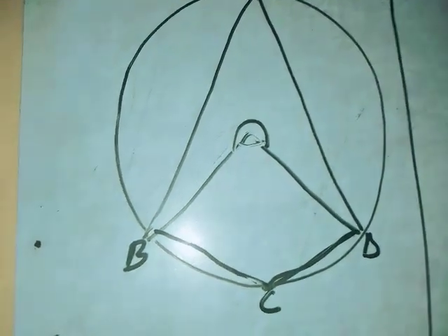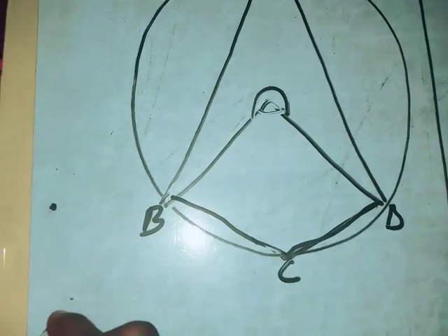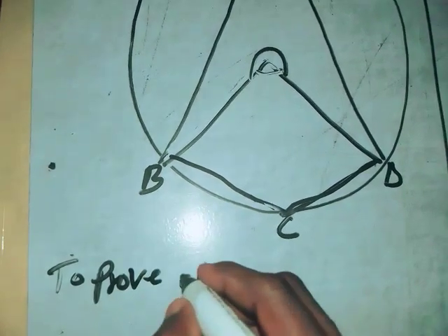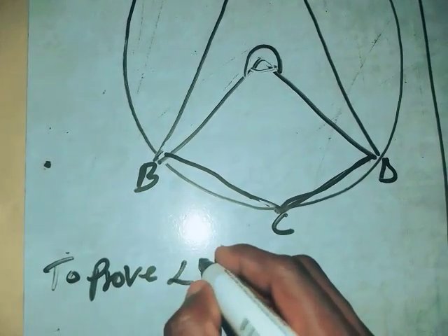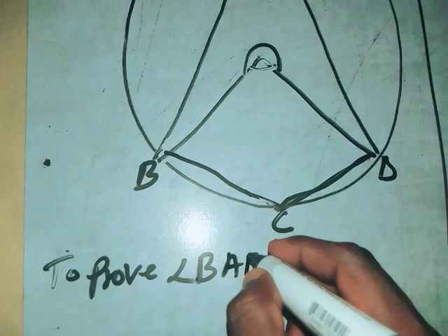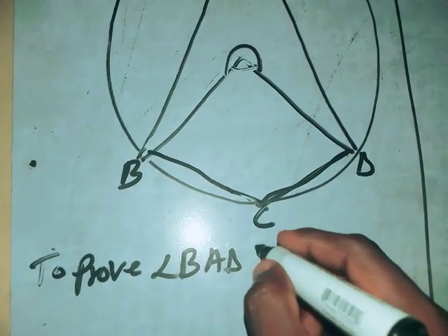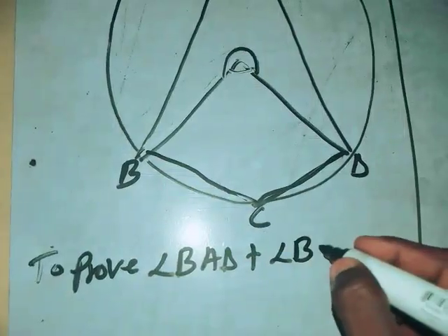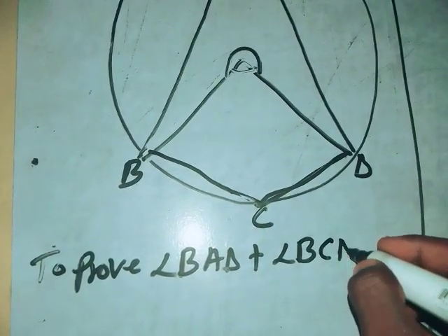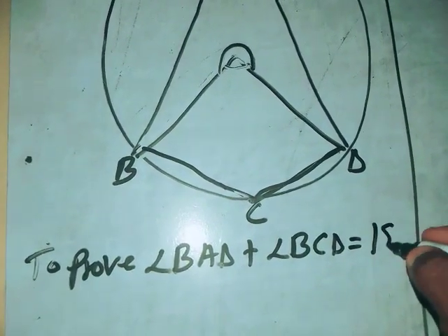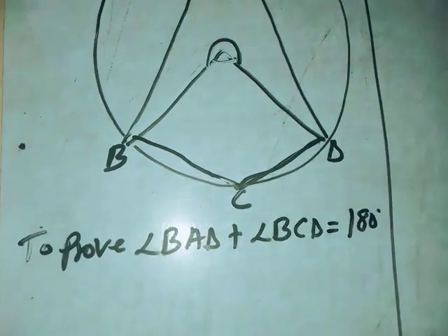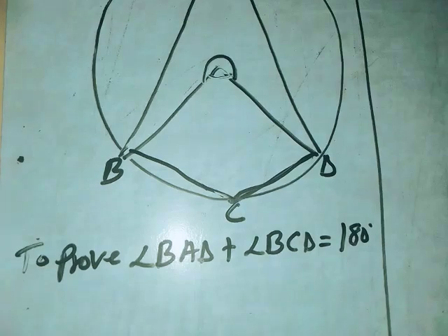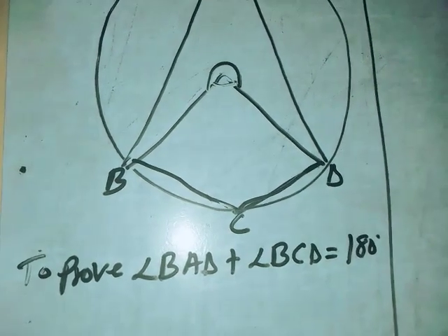We have to prove that angle BAD plus angle BCD is equal to 180 degrees, because that is what the theorem states.